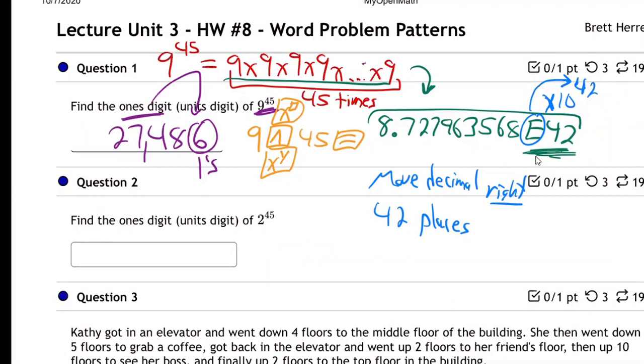42 places. So I'm going to go 1, 2, 3, 4, 5, 6, 7, 8, 9. There's 9 places and I'm at the end of the number. I've got a bunch more to go, right? I'm supposed to move it 42 places. I've only gone 9 places right now.